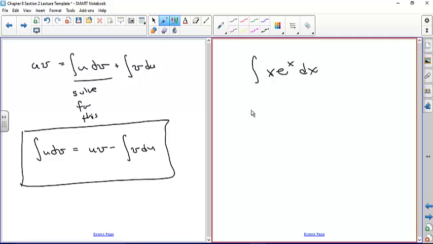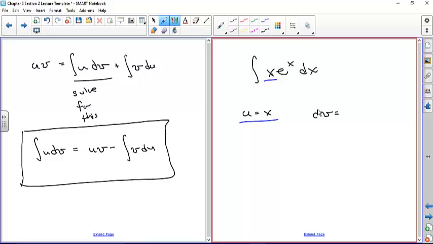So what we're going to do is this is the integral of u dv, but it doesn't tell us which is u and which is v. So I'm going to make a choice and show you how it works, and then I'll explain why I made the choice. So I'm going to let u equal x. So that's the u part. And the rest of it has to be dv by default.